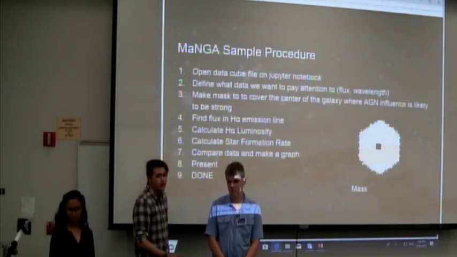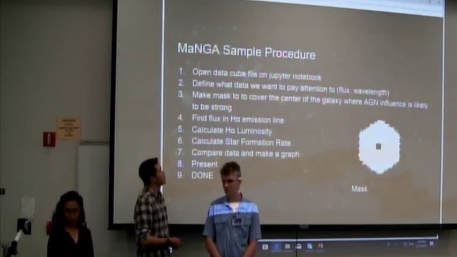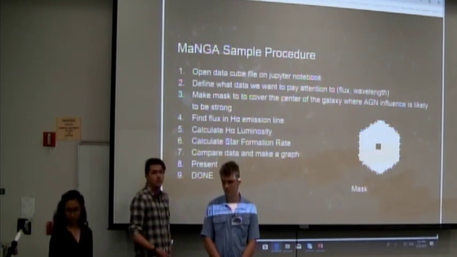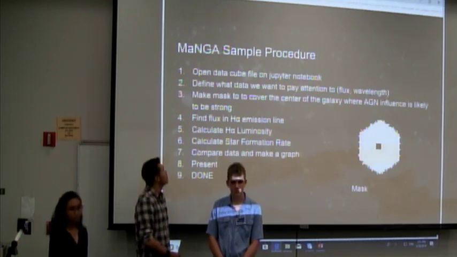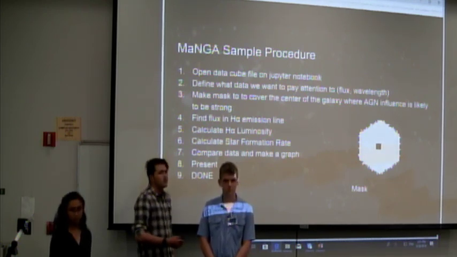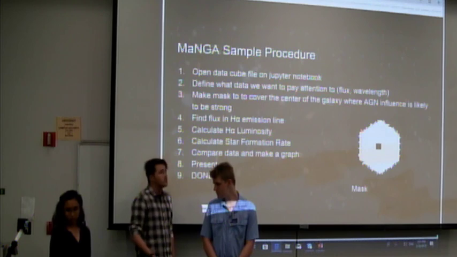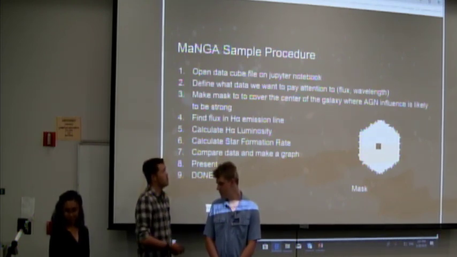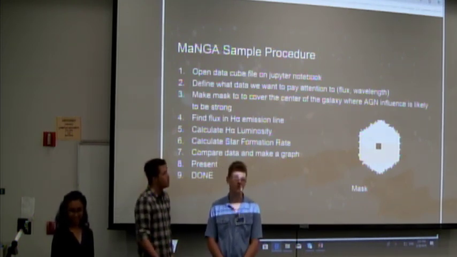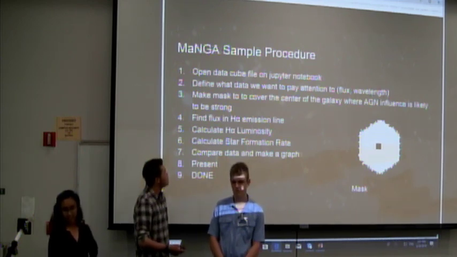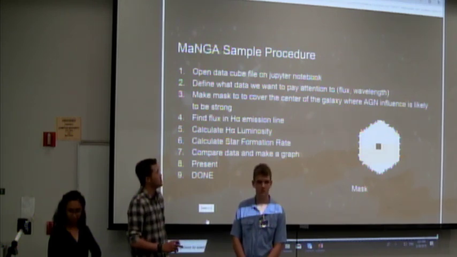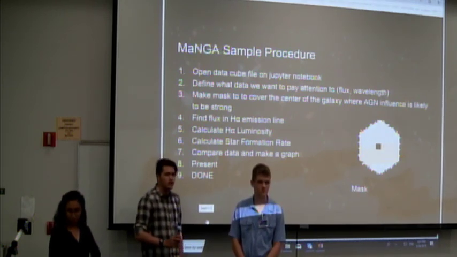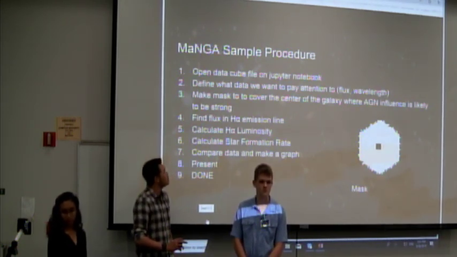In order to get our calculations of data, we follow these steps. The first step is that once we get our data cube, we open it up in a Jupyter Notebook using Python. From that, we define what kind of data we're looking for, in this case stuff like flux or wavelength. Afterwards, we make a mask to mask the center of the galaxy where active galactic nucleus influence could be strong.